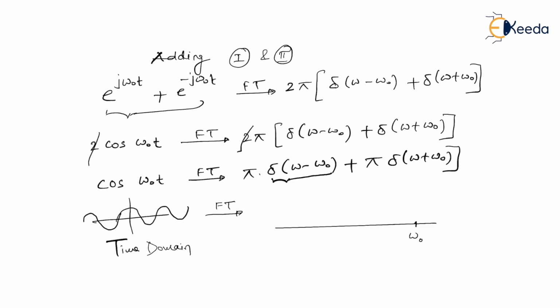So we have this impulse function present at omega naught. We know that the coefficient of any delta function is considered as its area. And we have another impulse function present at omega equal to minus omega naught, again having area as pi. So this is a frequency spectrum.